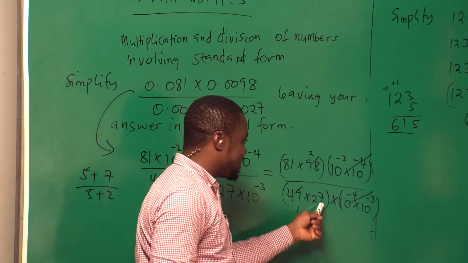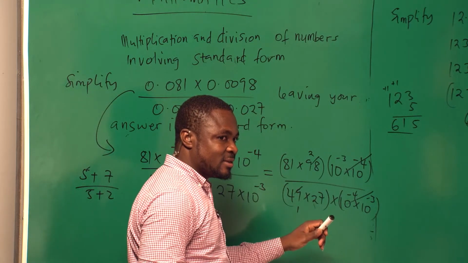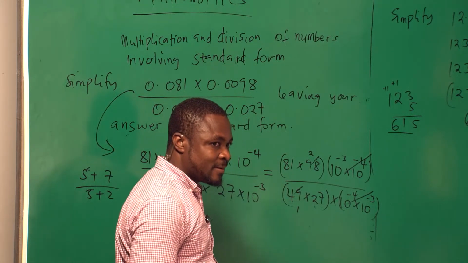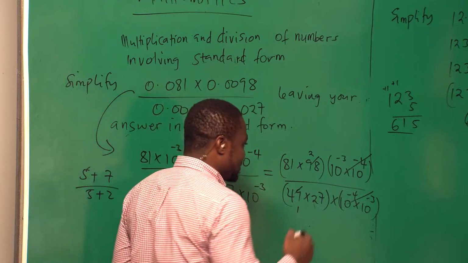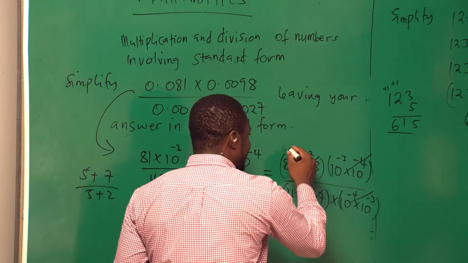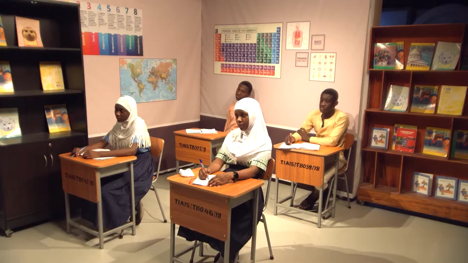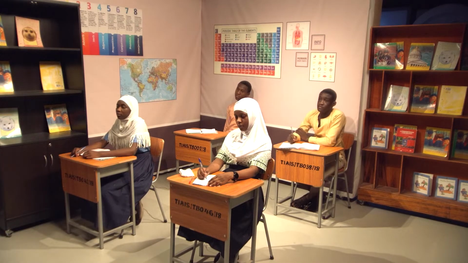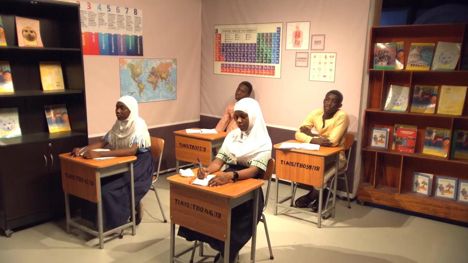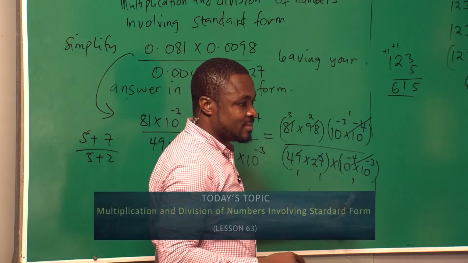Tofik, 27 and 81, how are they related? 27 going into 81, 3 times. So we have here 1, here 3. Are you okay? So now remember this one will be 1 and this other one will be 1 because they are the same.